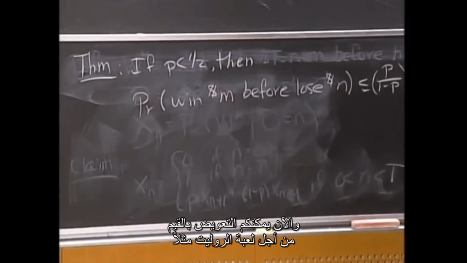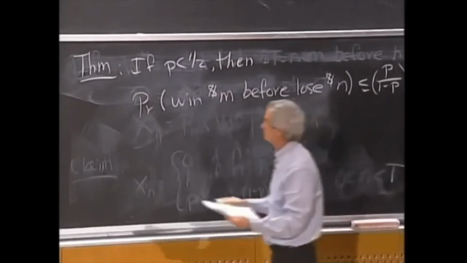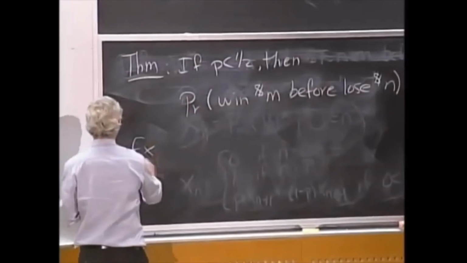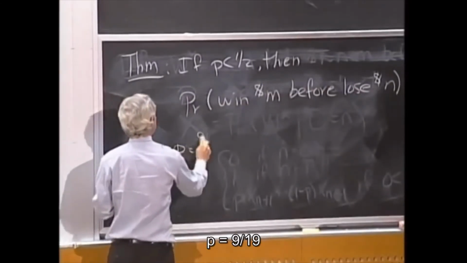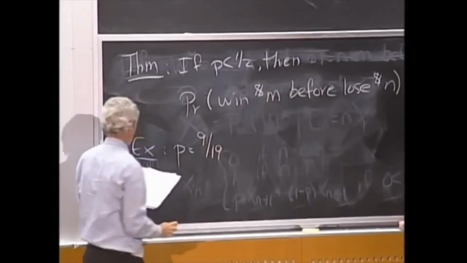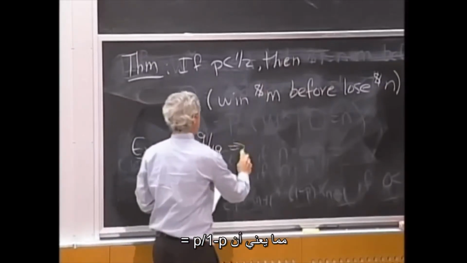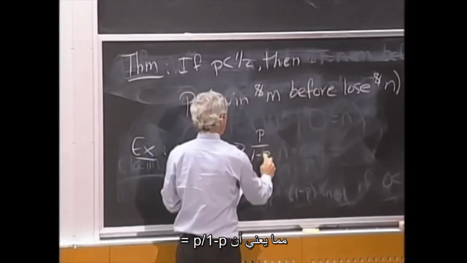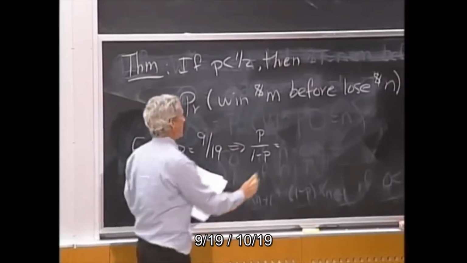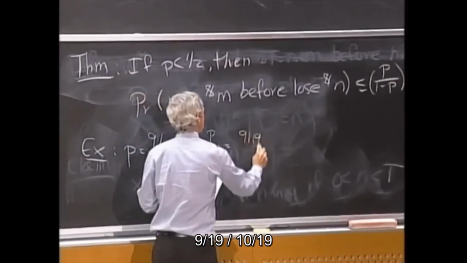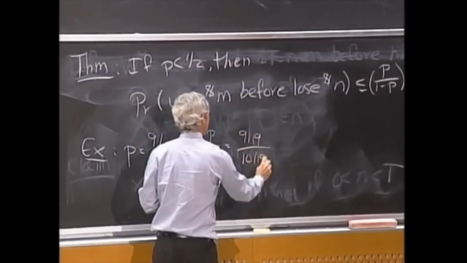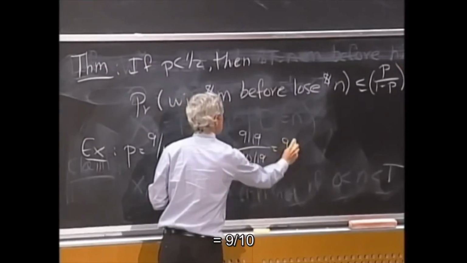And so now you can plug in values. For example, for roulette, p equals 9/19, which means that p over 1 minus p, well, that's going to be 9/19 over 10/19, which is just 9/10.